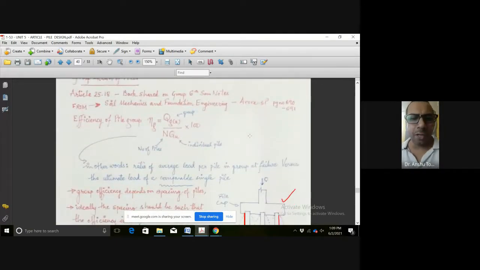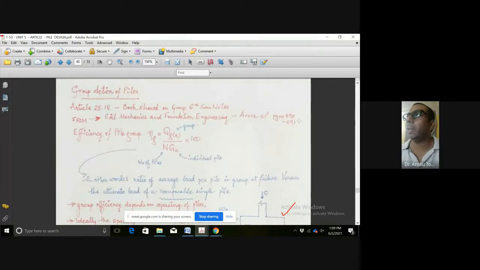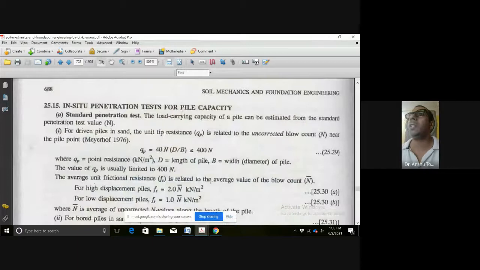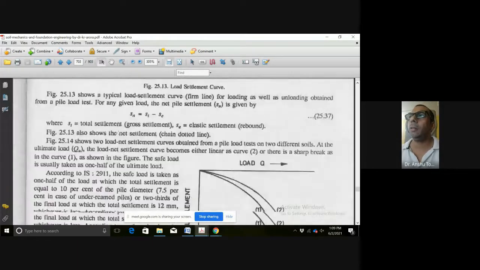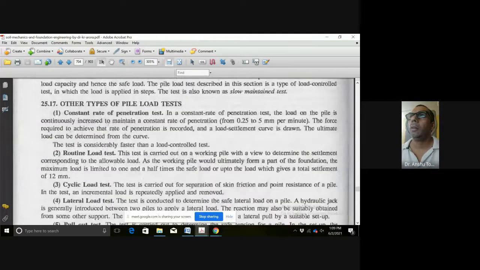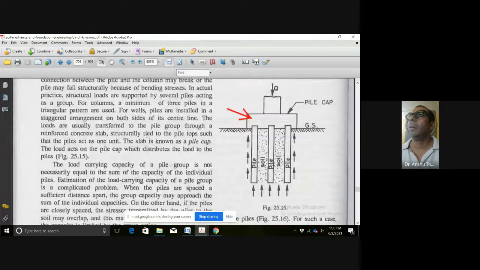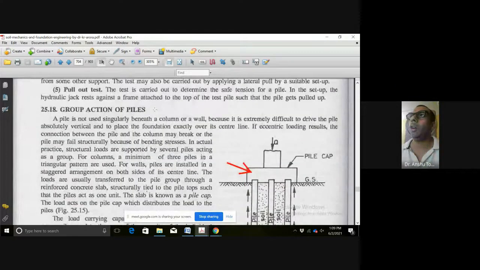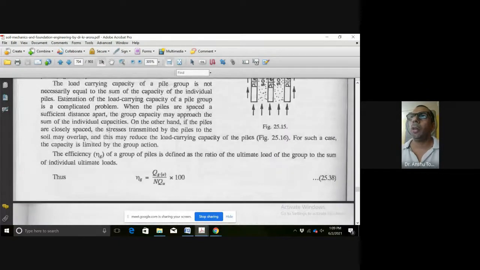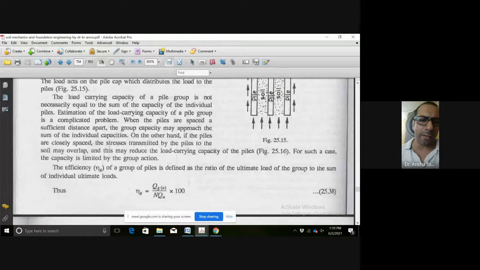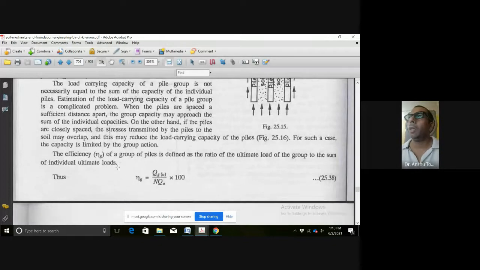The book which I have shared, the same thing I have written here, that is page number 690. I have even kept it open, page number 690. Here you can see we have got group action of piles. So this is how we are going to do it. Whatever I have written and am explaining can be understood from here.